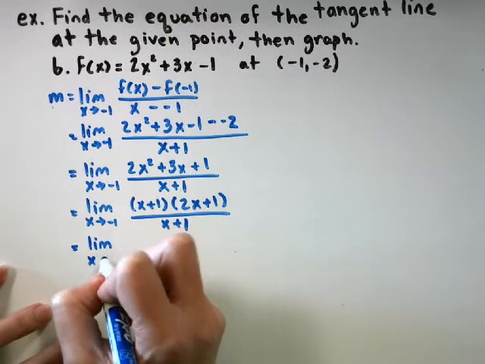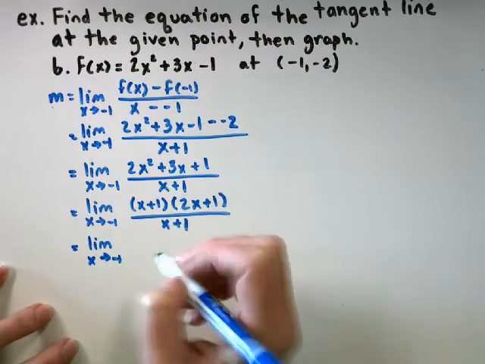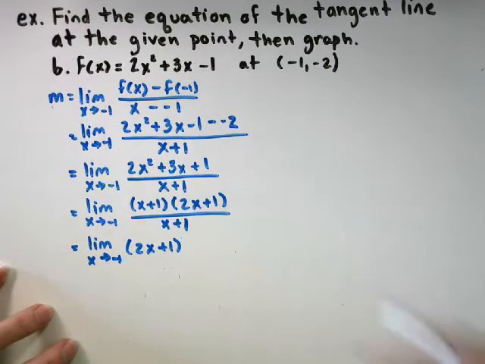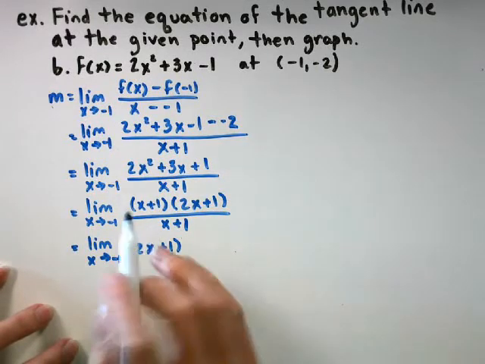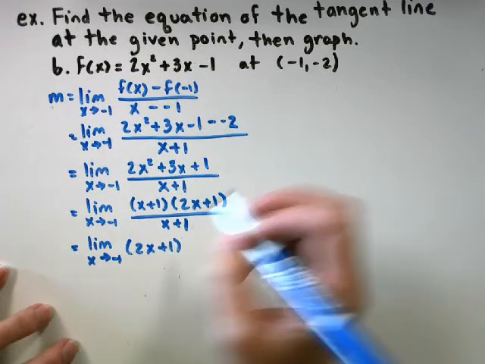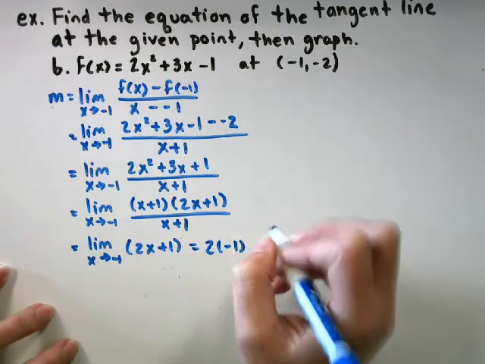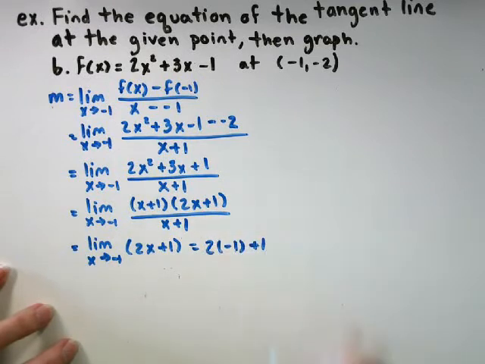So we have 2x plus 1. Plug in negative 1, and we're going to have 2 times negative 1 plus 1. So a negative 2 plus 1, we have a slope of negative 1.